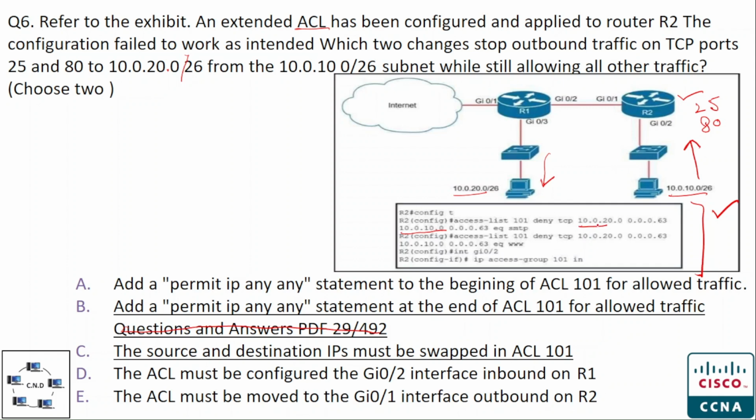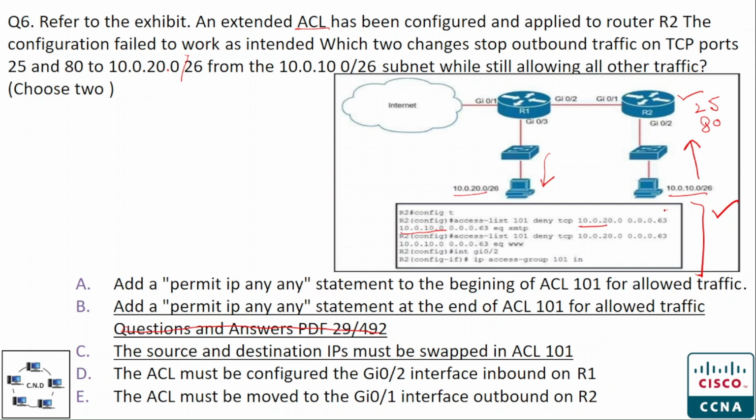Here we must write 10.0.10.0 and here we should write 10.0.20.0. Similarly, here we should write 10.0.10.0 and here 10.0.20.0. So changing these two configuration lines will make the configuration work.